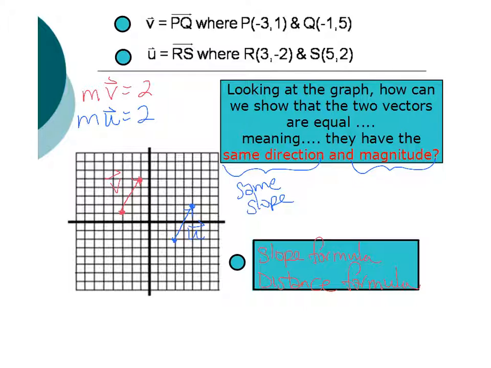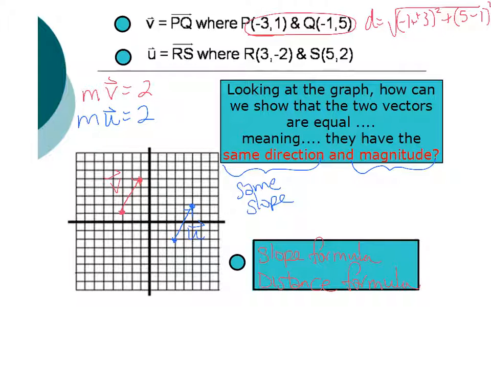I'm going to find the distance between these 2 points. You need to know your distance formula. Distance equals the big square root of x minus x. I'm going to go with -1 minus -3, squared, plus y minus y: 5 minus 1, squared.